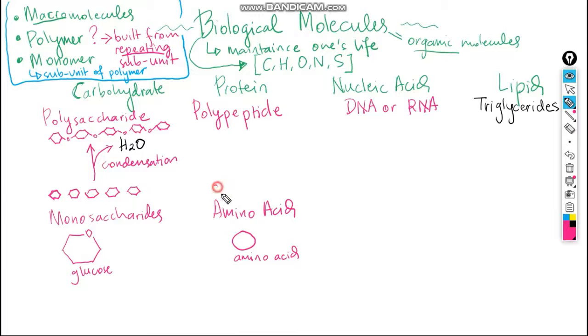There are some balls here with different colors: this one red, this one blue, and this one yellow, because there are so many different amino acids. Actually there are 21 natural amino acids. And the green one.